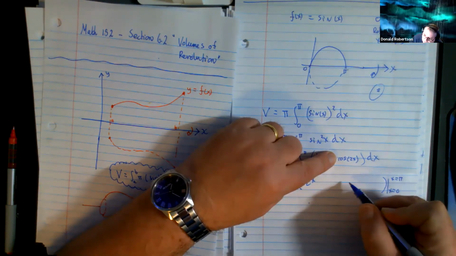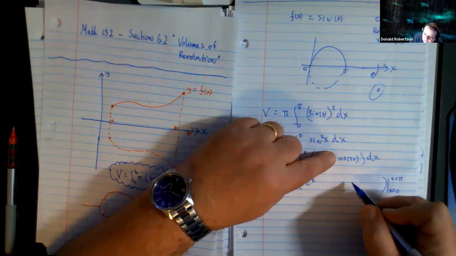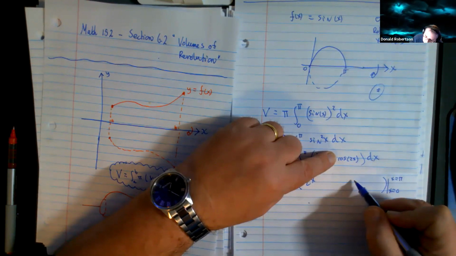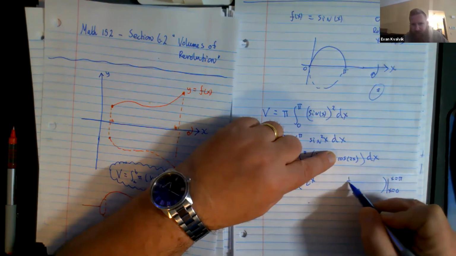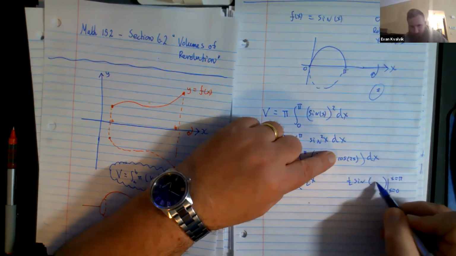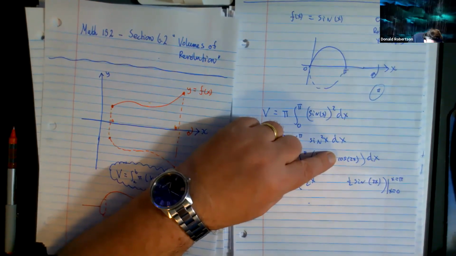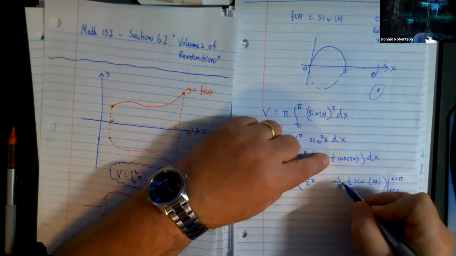The cosine of 2x, what's its antiderivative? Half sine 2x. Yeah. Now I have negative a half of those.